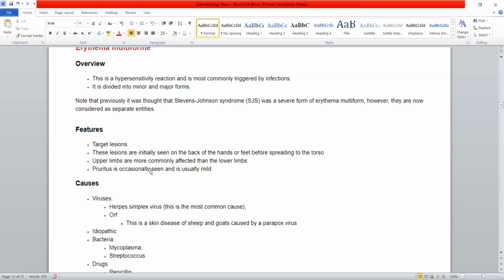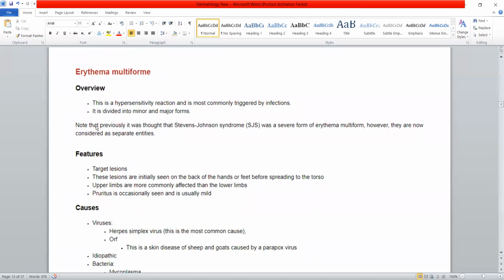The first diagnostic point for erythema multiforme is that target lesions are initially seen on the back of the hands and feet before spreading to the trunk or torso. Upper limbs are more commonly affected than the lower limbs. Pruritus is occasionally seen and is usually mild.